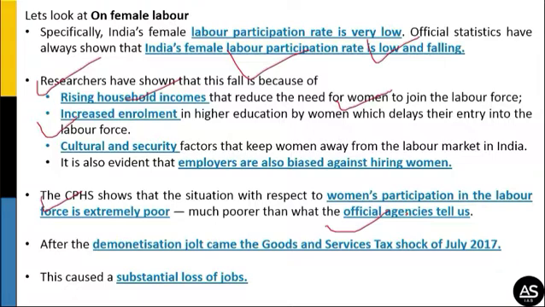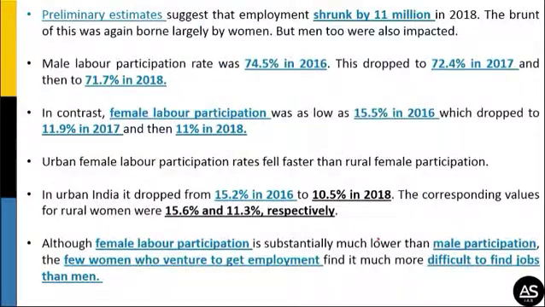Even after the demonetization, there was a lot of impact on women's labor force participation, and some of the impact came just after the Goods and Services Tax was implemented in July 2017, which caused a substantial loss of jobs. If you look at the data, employment shrunk by 11 million in 2018, and the brunt was borne largely by women, but men were also impacted.